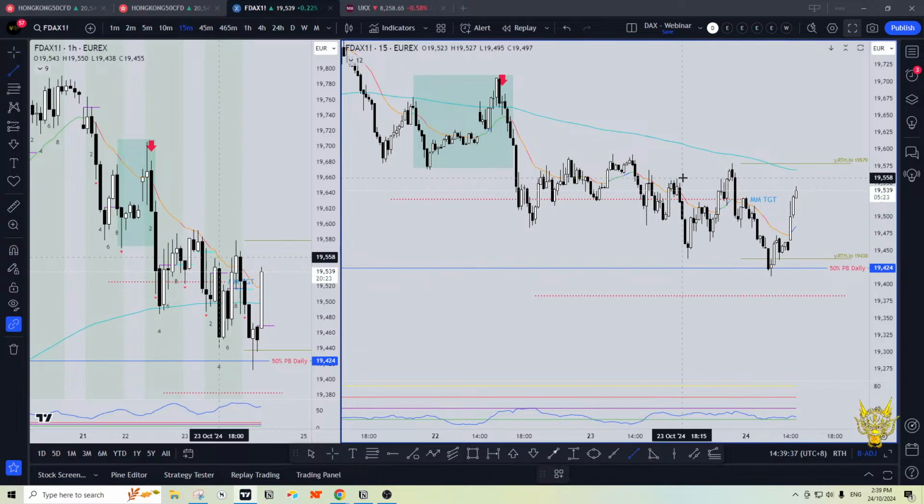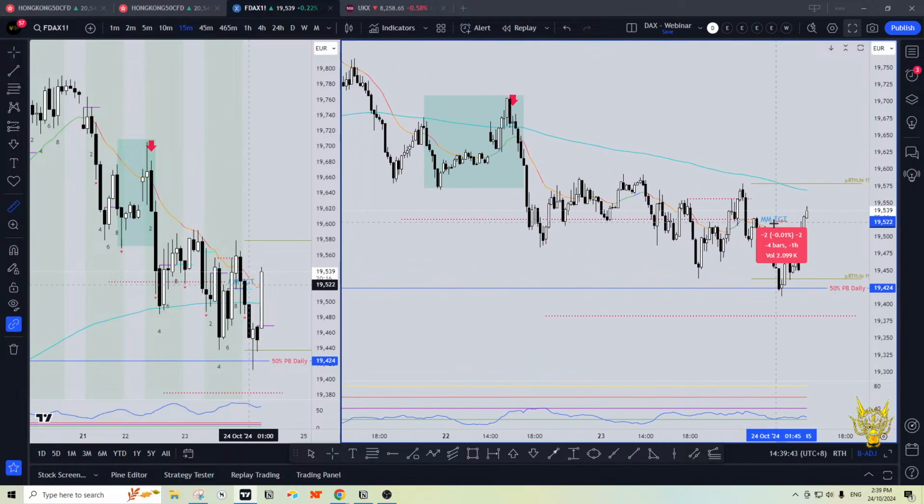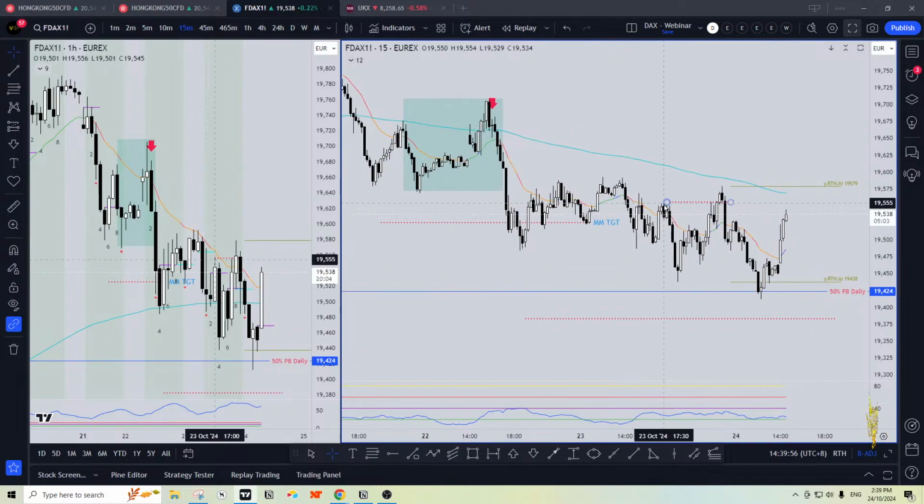But if you look at the 15-minute, a little bit more interesting here, can I get that measured move target out of the way for now? Whatever, put it there. So here we're getting new lows. We got a higher high, then we got a new low.